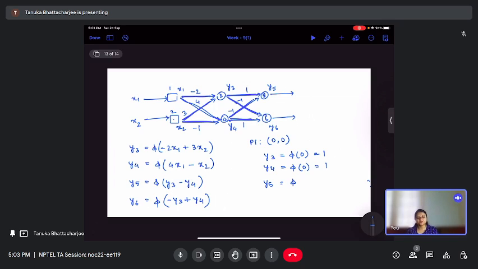Both are 1, so that is phi of 0, that is 1. Similarly y6, since again y3, y4 are both equal, you will have phi of 0, that is equal to 1. These two are your final output. So for the pattern 0 0, you are getting the output as 1 1.